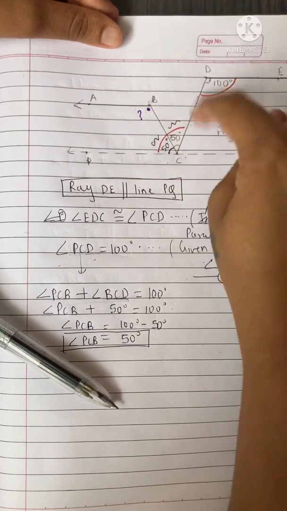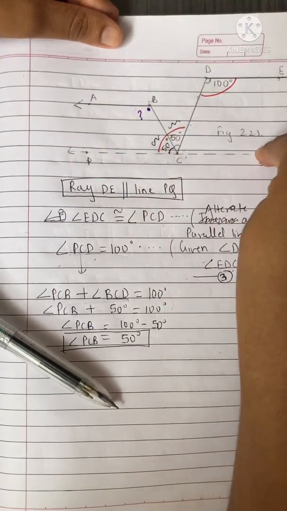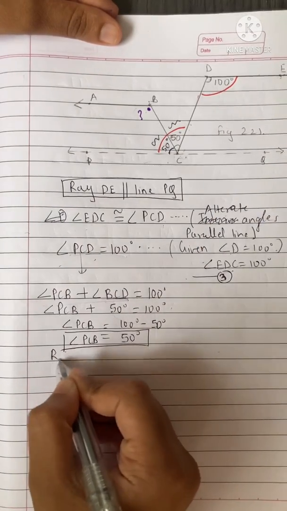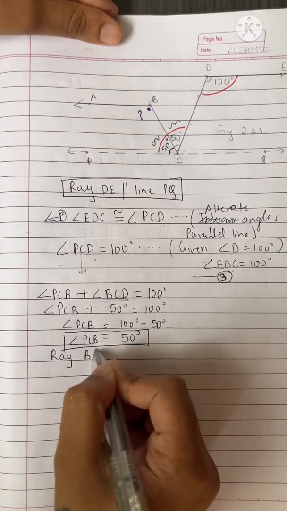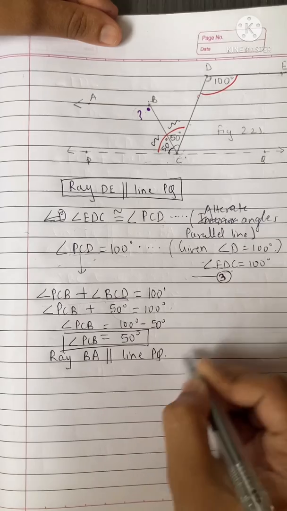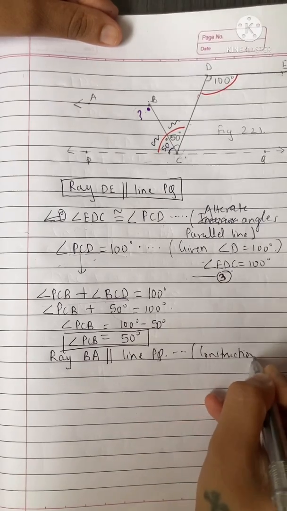We drew a line which is parallel to BA. So ray BA is already parallel to line PQ. Okay, so we'll write down ray BA is parallel to line PQ. We have done it in what? Construction. This was the construction.